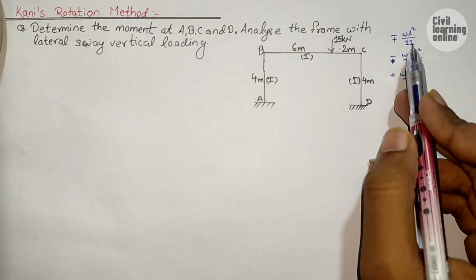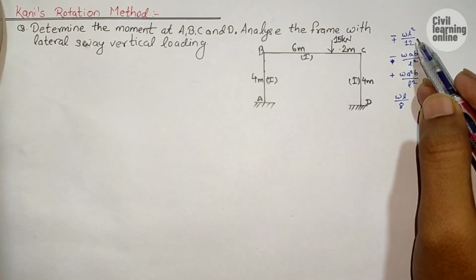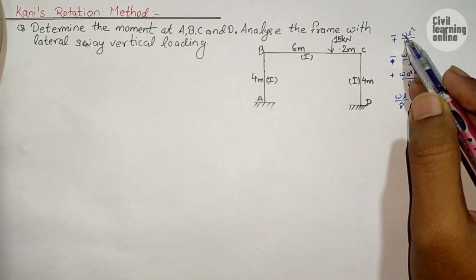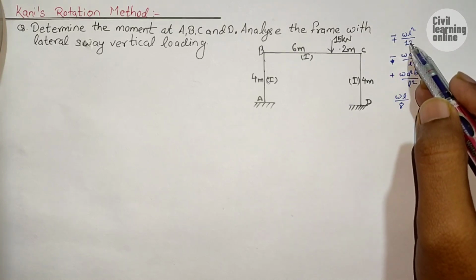So guys, these are the formulas. If our span is loaded with UDL, then we use the formula minus plus WL square by 12.